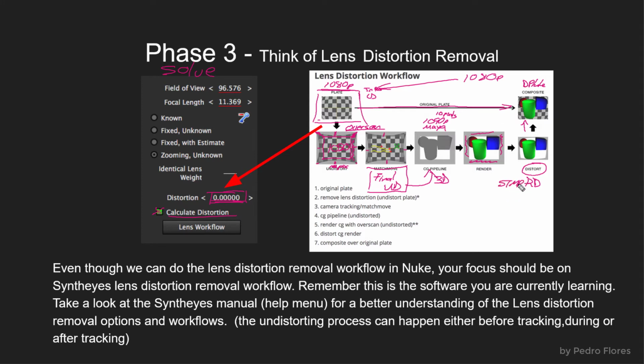And ST maps are images that we use in order to be able to do the redistortion approach inside of software like Nuke. And these are a way of mapping the lens distortion into a 2D image that we save later down the road. And you're going to see that process as we go through. So it's going to be very important to understand. It's a little tricky at the beginning, but as we do it, you guys are going to gain more experience through it. All right, so let's go ahead and move along.